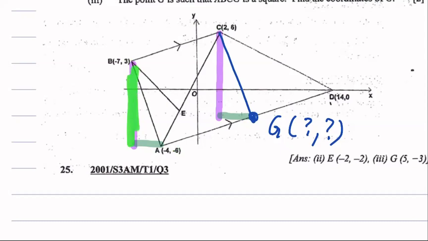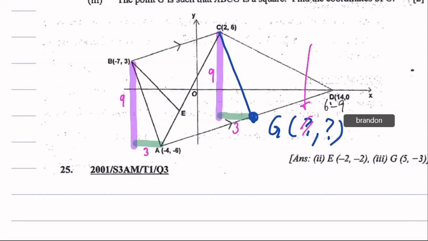So what's the height here? Purple. Length must be positive. 9. Then how about the green? 3. Yes, correct. Minus 7 go to minus 4, plus 3. So likewise over here will also be 9 and 3. So what's the coordinates of G now?